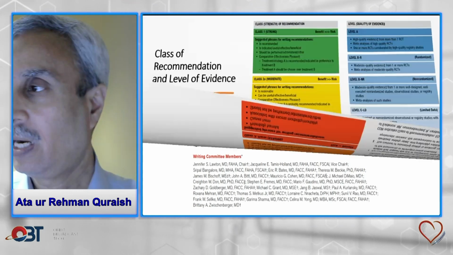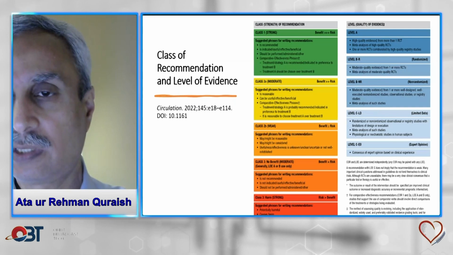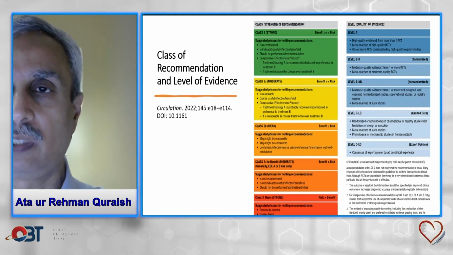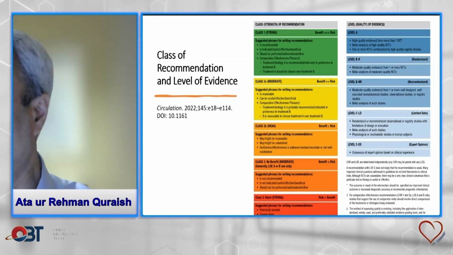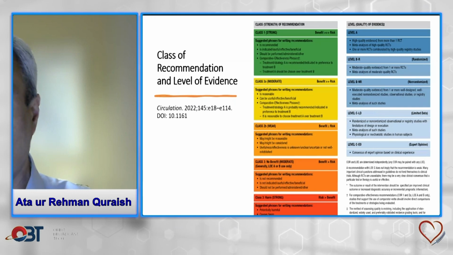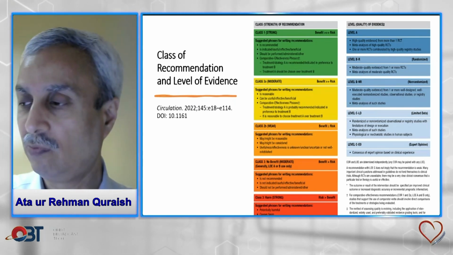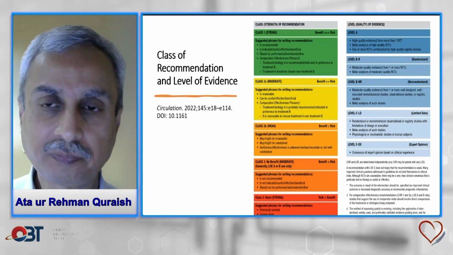So the guidelines come with recommendations, and guidelines come with quality of evidence. The class of recommendation, the strength of recommendation, can be divided, as we all know, for a long time from class 1 to class 3. Class 1 is the strongest; class 3 has been further subdivided into class 3 with no benefit and class 3 with harm.